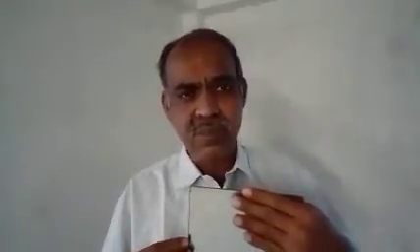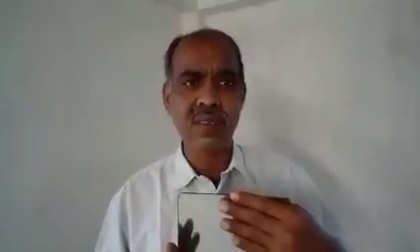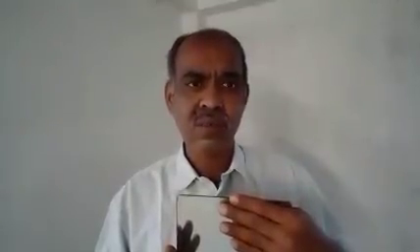What is the distance of the centroid from this end? It is at 1/3 height from the base. Height is this much, L. So from this end, the distance is 1/3 of L, that is L by 3.